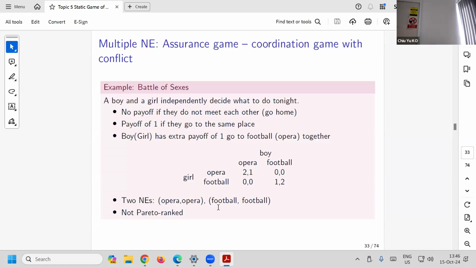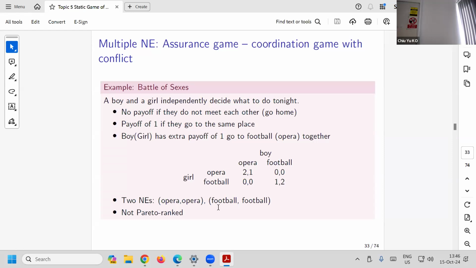It is based on the social context, which one would be the case. Suppose we have a boy and a girl, and the girl actually says, I'd like to go to opera, right? She declared it, and then probably opera is the case.